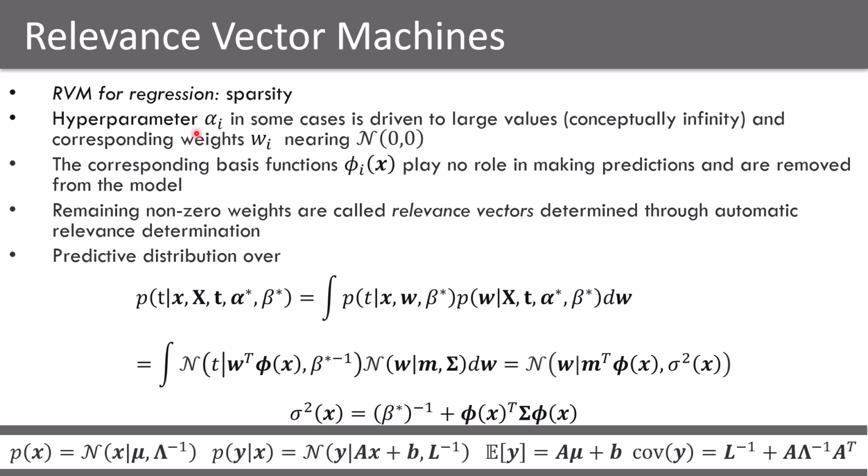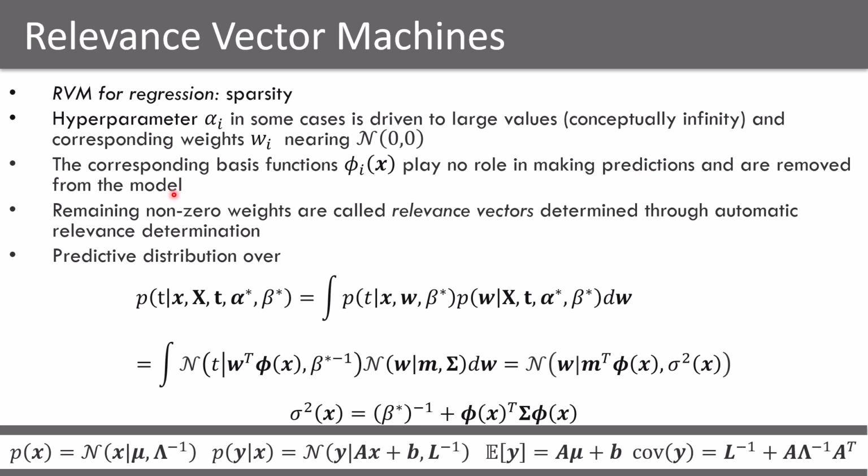So the hyperparameter alpha i in some cases is driven to very large values, which conceptually will lead to infinity, and then the corresponding weights wi will approach the normal distribution with 0, 0. At that point we can say that both the weight and also our feature in the basis function vector play no role in making predictions and are removed from the model.